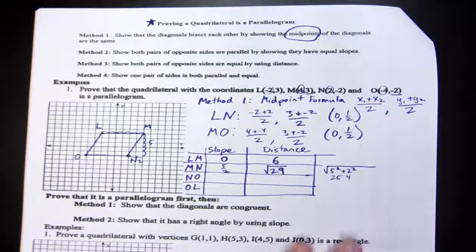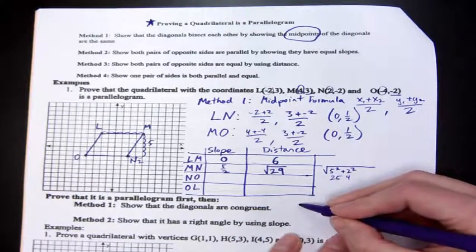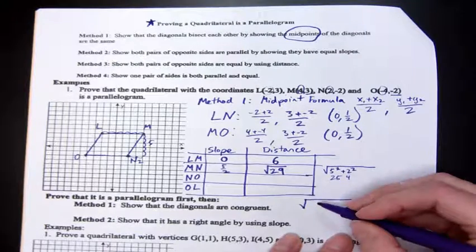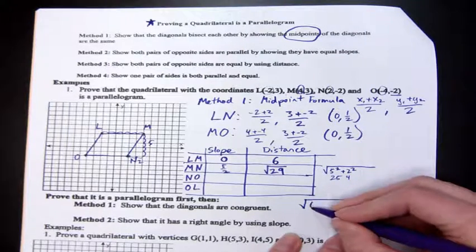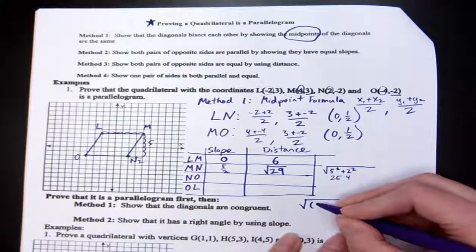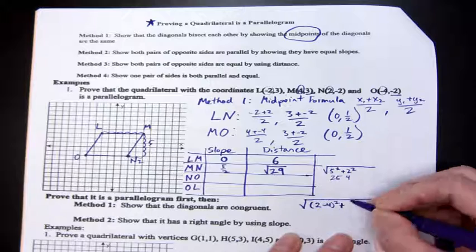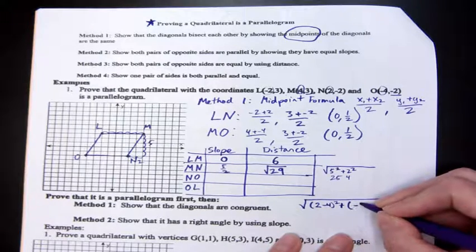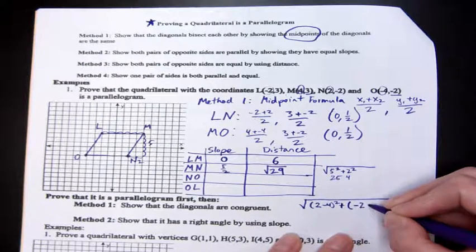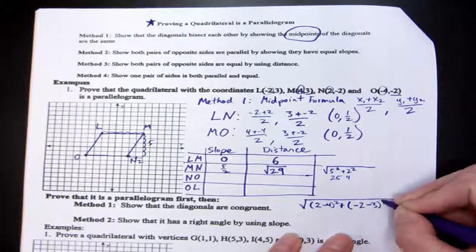If I plugged it into the whole distance formula, I would go back to my original points and do 2 minus 4 squared plus negative 2 minus 3 squared.